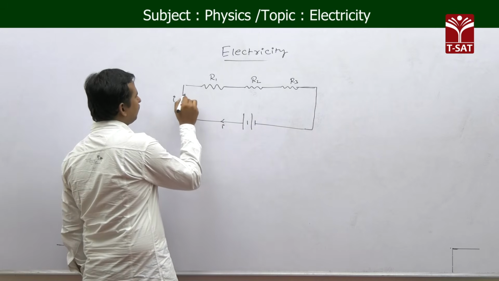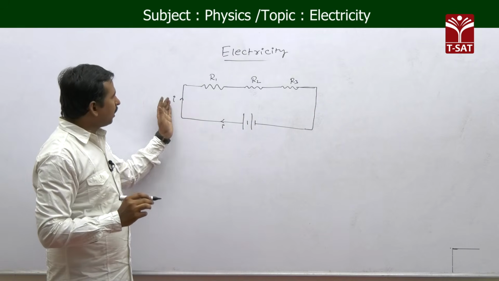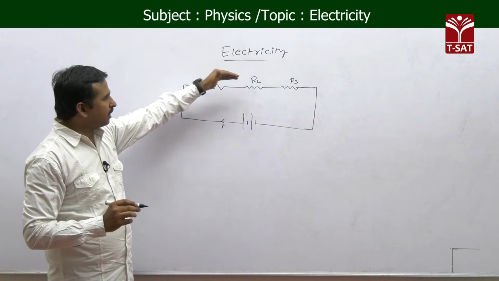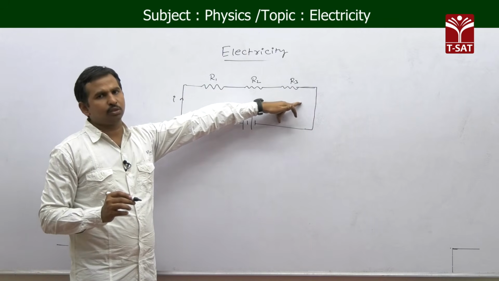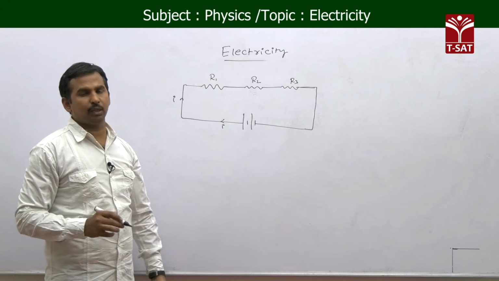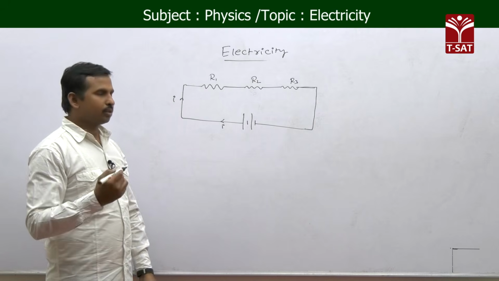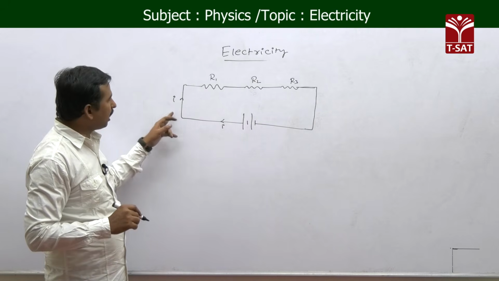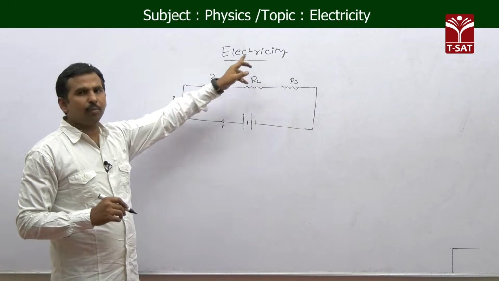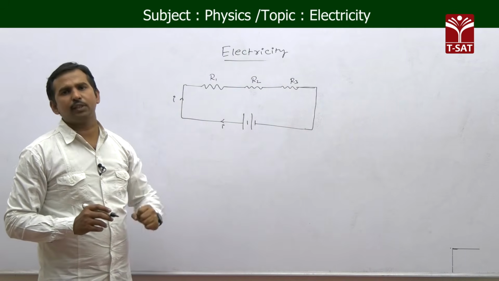Let us suppose I is the current that passes. The current I first passes through R1, next through R2, next through R3. And we are taking R1, R2, R3 as three different values. The same current passes through R1, the same current through R2, and the same through R3.